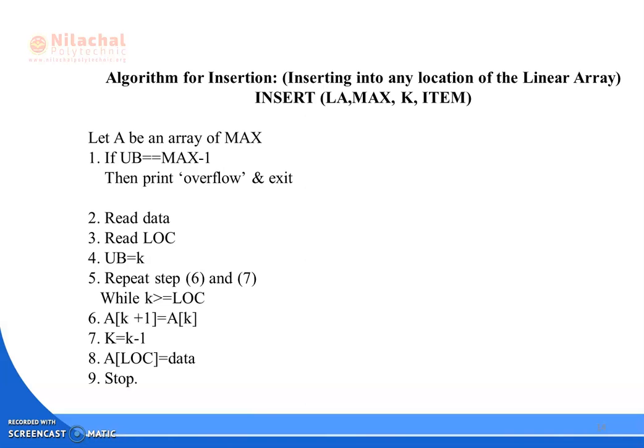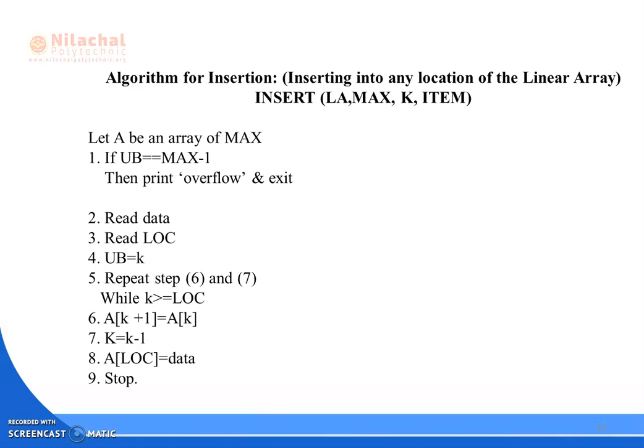But here, if we are inserting an element at any position, then the variable k is going to start from the upper bound and will run only up to that location, not up to the lower bound.